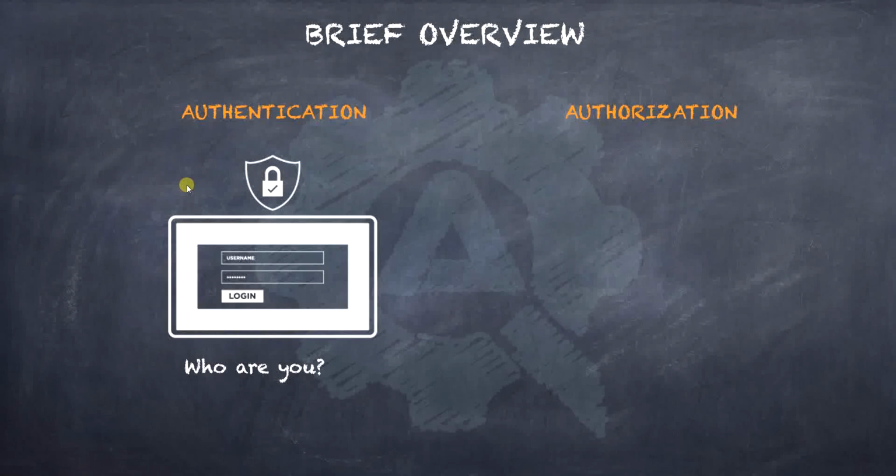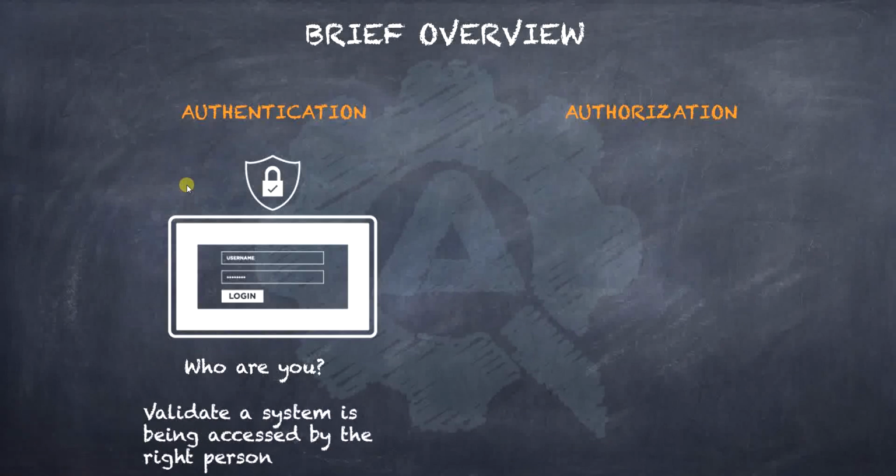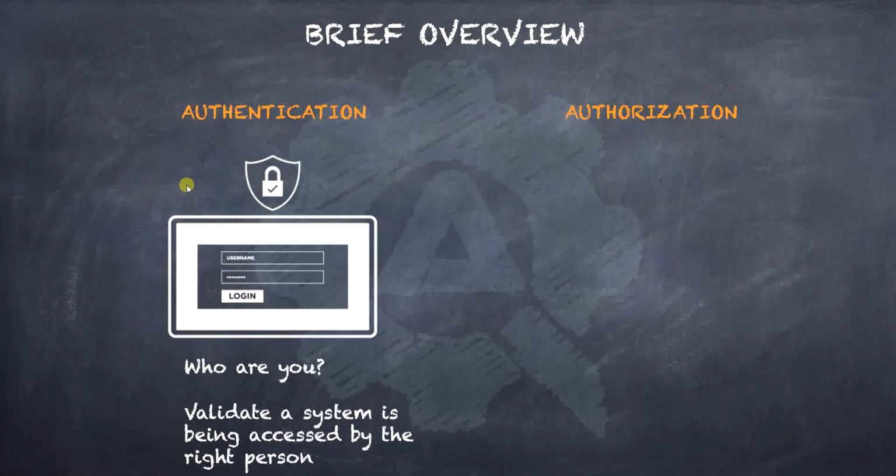When we enter the correct login information, we let the website know, number one, who we are, and number two, that it is actually us that is accessing the website. Basically, we end up validating to a system that it is being accessed by the right person.